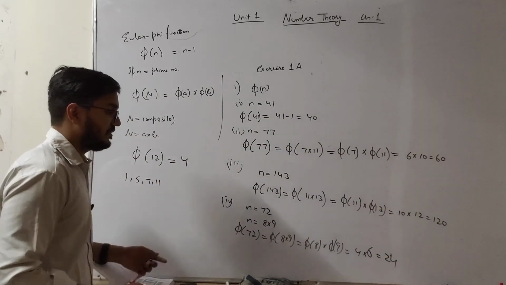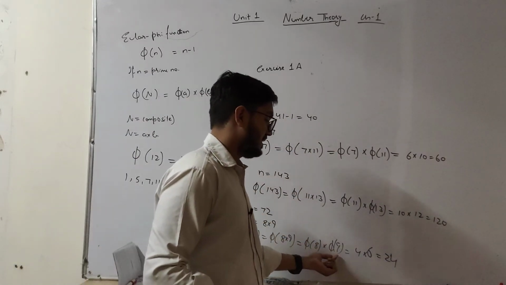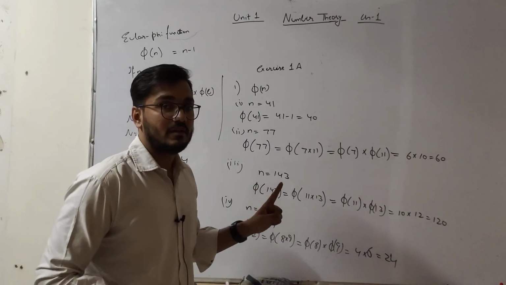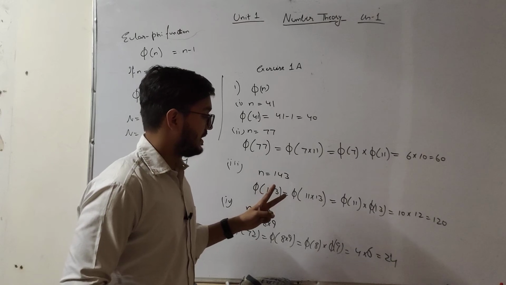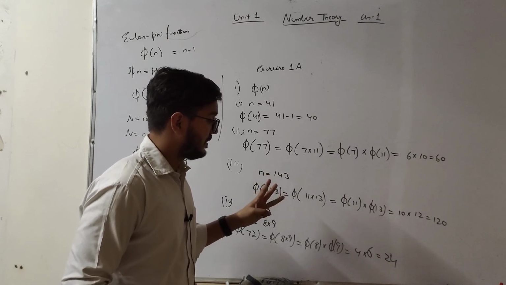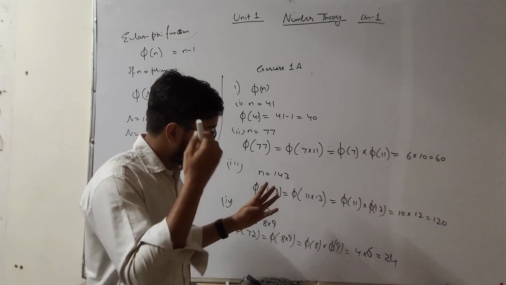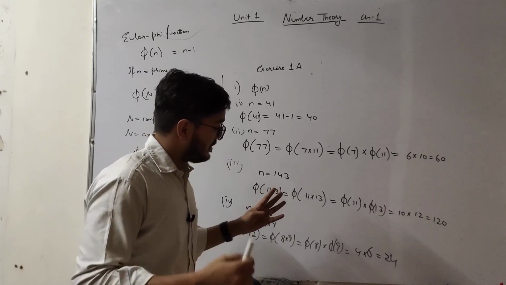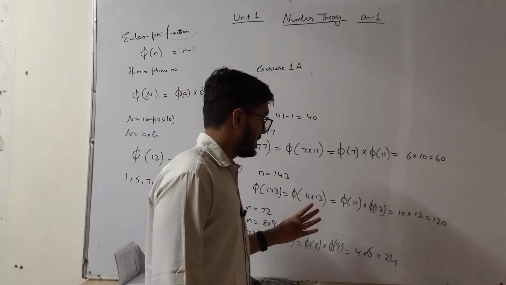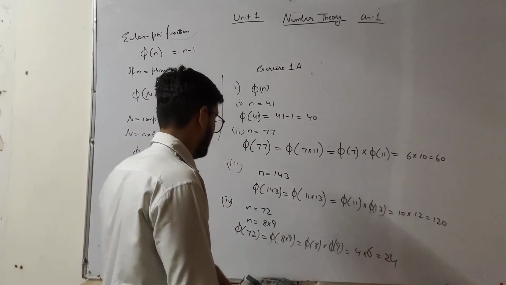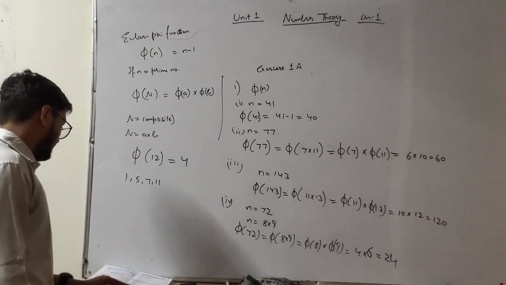Let's just count it again. For 9, how many co-prime digits do we have? 1, 2, 4, 5, 7 and 8. So a total of 6 digits, and 6 multiplied by 4 is 24. Next question.